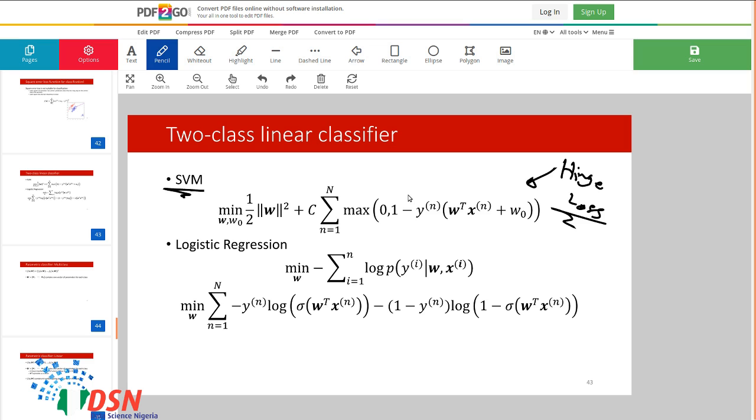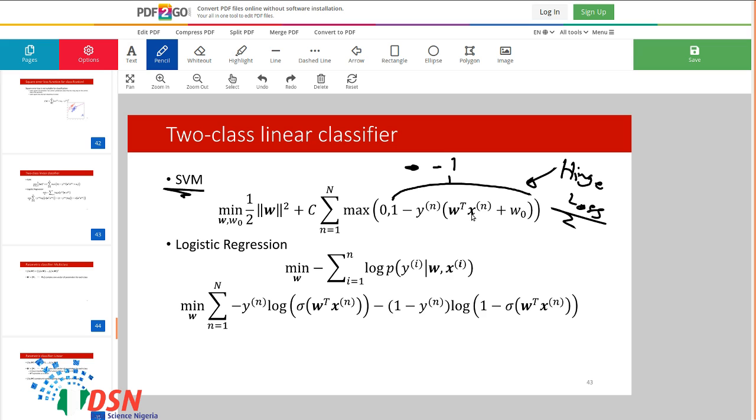Here we are getting some kind of score for the input xn. In other words, we want to know whether, for input x, the labels are -1 and 1.